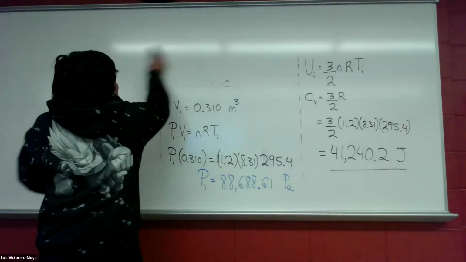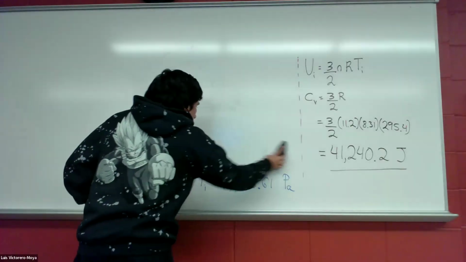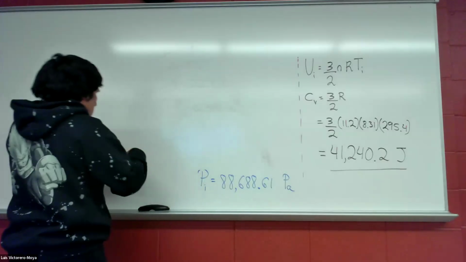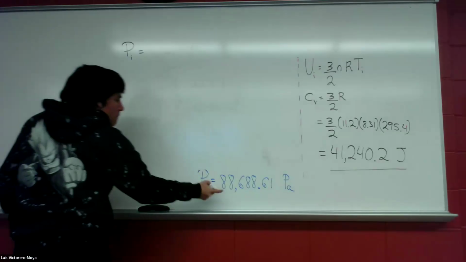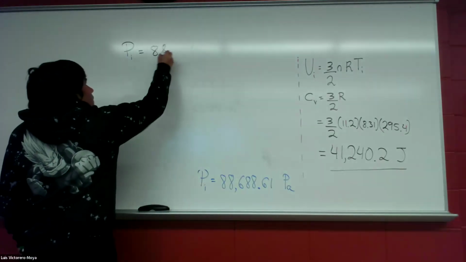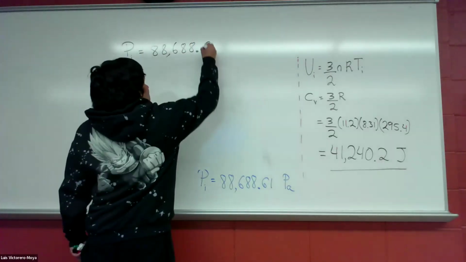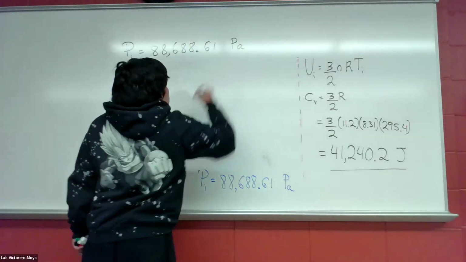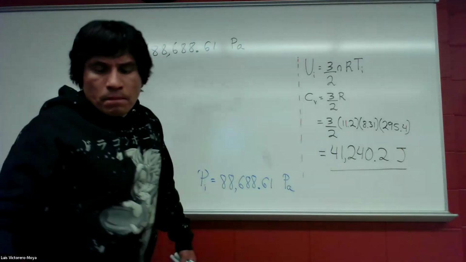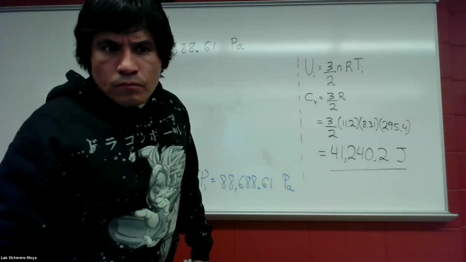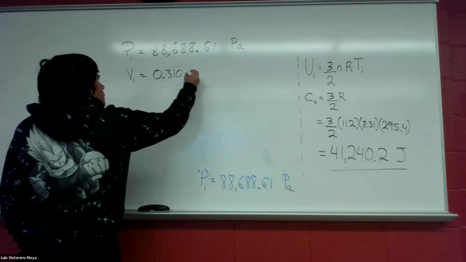So we need this value. It's a constant pressure, 88,688.61 Pascal. Volume initial is 0.310 meter cube.